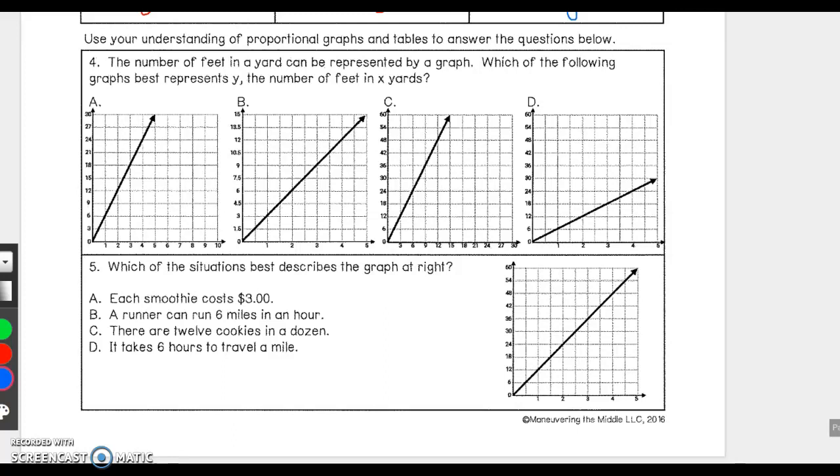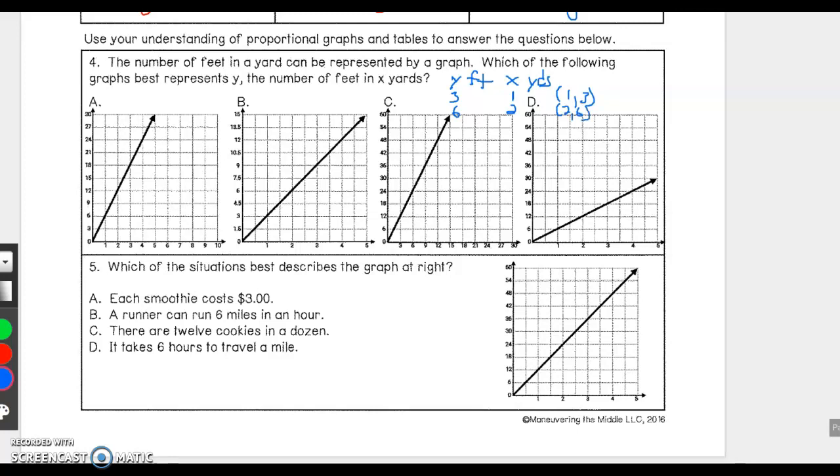Well, if there's y feet in x yards, I know in 1 yard, there's 3 feet. In 2 yards, there's 6 feet. And you can keep going. So to me, these appear to be the ordered pairs x, y first. X, y is 1, 3, and 2, 6.